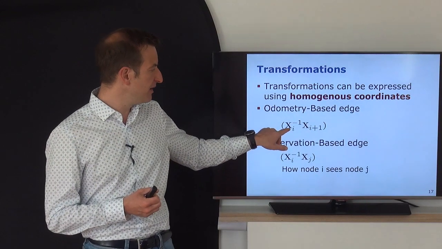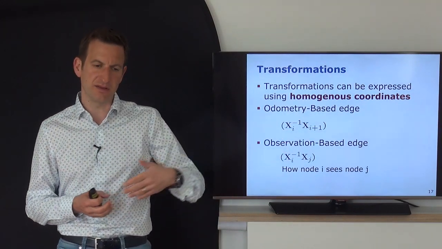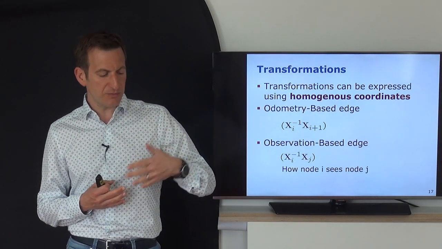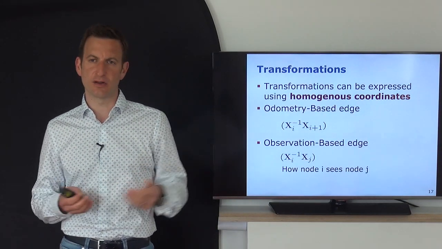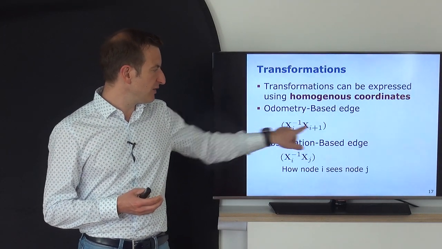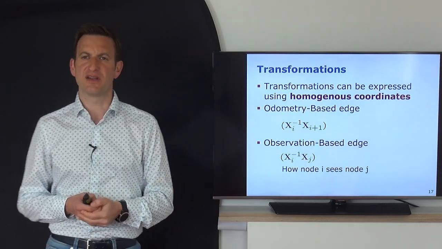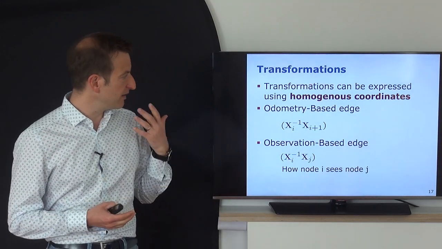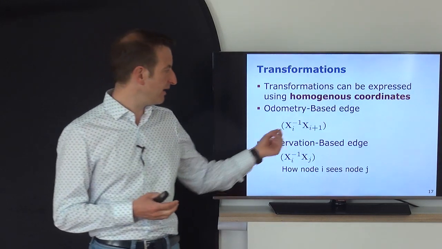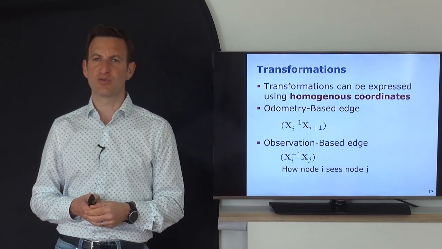So this is the transformation of the pose xi, seen as a translation and a rotation in a global reference frame. So this is a homogeneous matrix. This is also a homogeneous matrix representing the pose xj. And if I have those matrices, I can invert the matrix xi and multiply the matrix xi plus 1 to it.